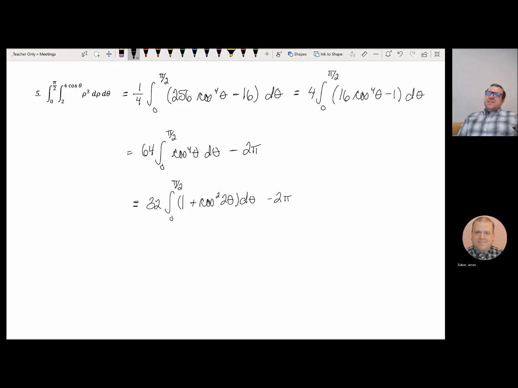Remember the cosine reduction identity? Cosine squared of theta is 1 plus cosine 2 theta all over 2. Oh, wait, sorry, that should be squared out there.